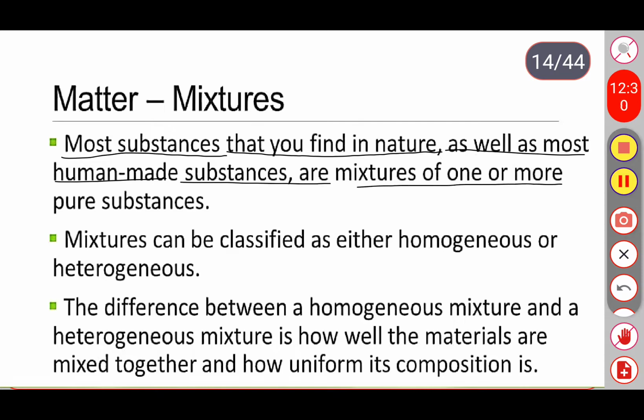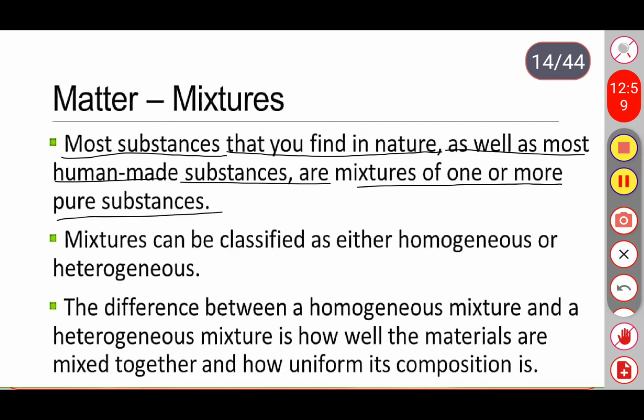So all the things we are observing around us, whether it may be plastic or liquid substances or gaseous substances or solid substances, most of the substances we are using in day-to-day life are made up of mixtures only, whether it may be mixtures of elements or mixtures of compounds also.